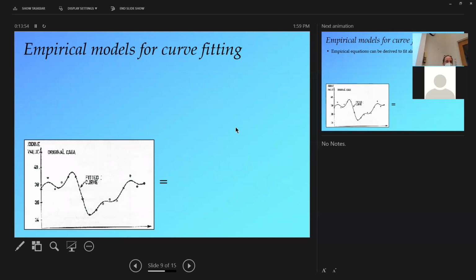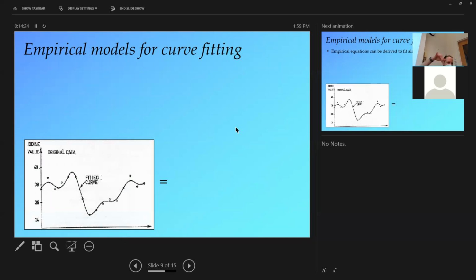But just to talk a little bit about empirical models, through pretty sophisticated curve fitting, you can basically fit an equation to almost any line. So here's an example of some data. And there is actually an equation that will fit that data as this does. It's not a theoretical equation. That's actually an example of a very sophisticated kind of curve fitting called Fourier analysis, where Fourier analysis allows you to fit a function to almost any shape.